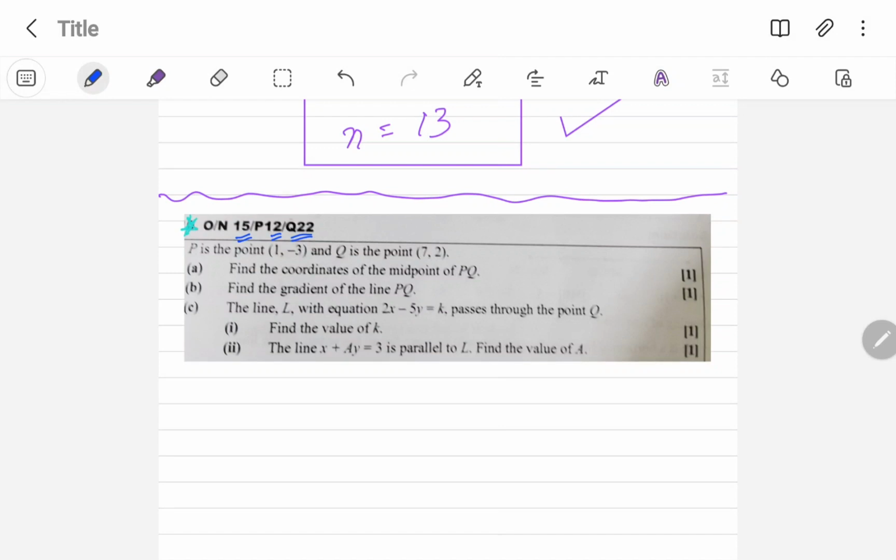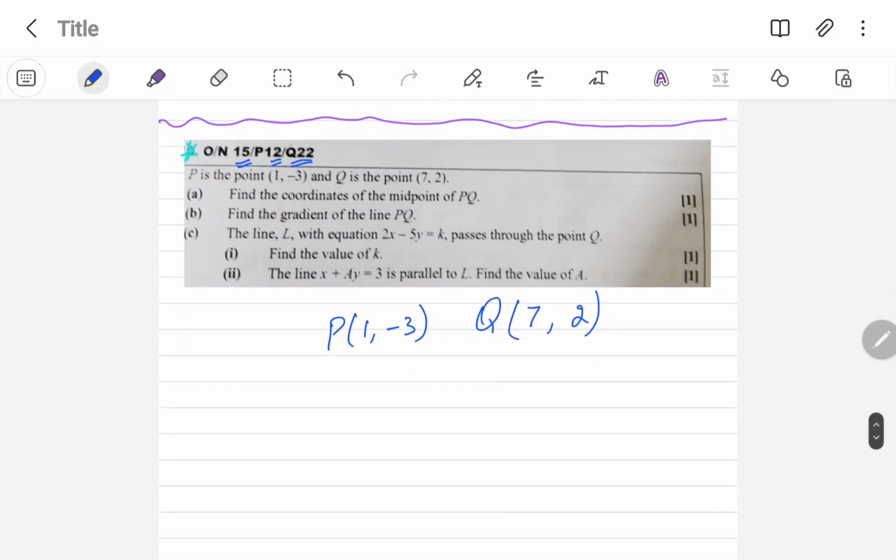Q is the point with coordinates 7 and 2. Find the coordinates of the midpoint. First of all, we will write the points with their coordinates, P as 1 and -3 and Q as 7 and 2. Find the coordinates of the midpoint of PQ.